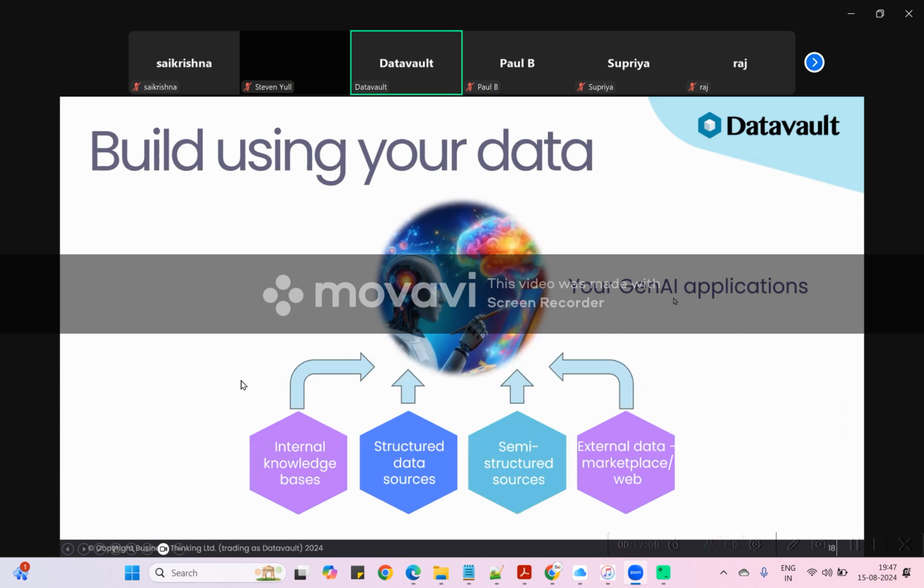And you're going to be using your data to augment what's available from external sources as well. So you're going to be mixing together your knowledge bases, your structured data sources, your operational systems, documents, video, sound, and external data to produce your Gen AI applications for the business.